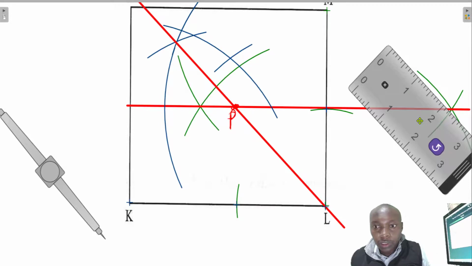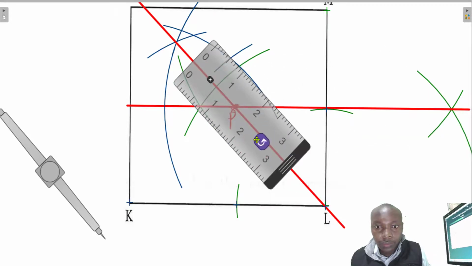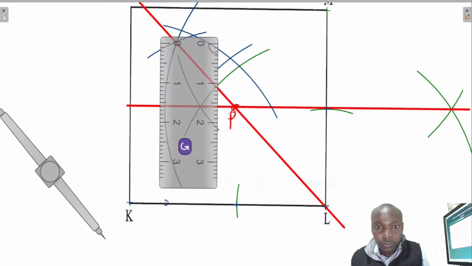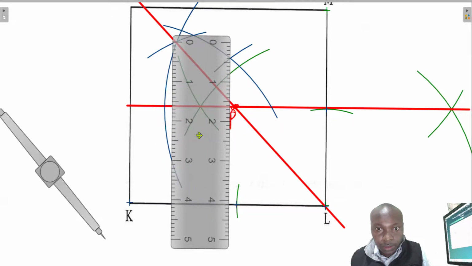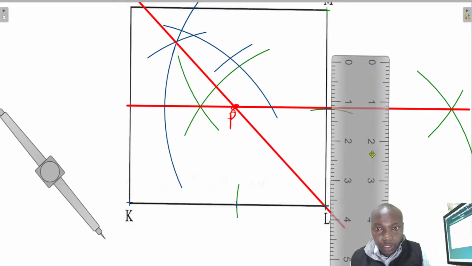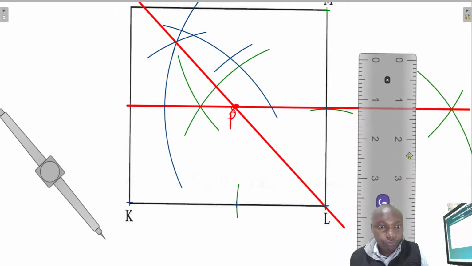Taking your ruler, this one is just to help us locate the center, nothing else. To get the center, I needed to do something else here.